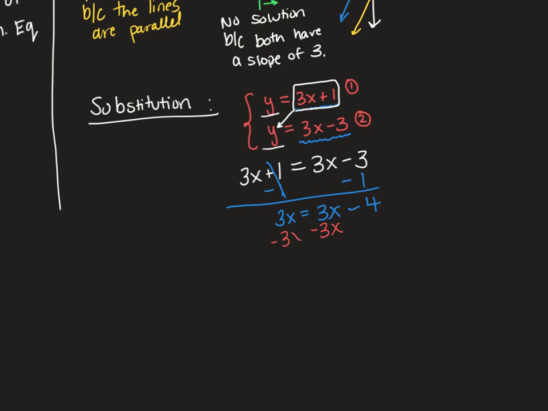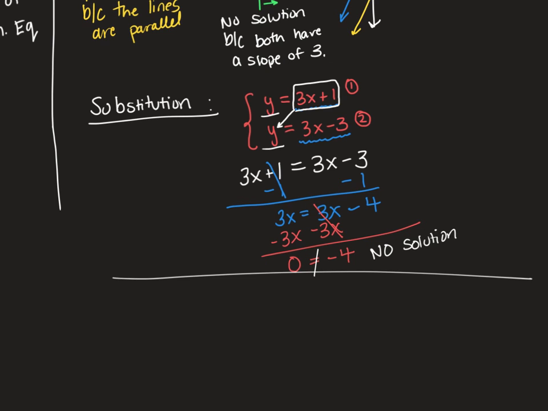When I move the 3x, it cancels on the right, and I'm left with negative 4. But on the left, 3x minus 3x is 0. Does 0 equal negative 4? Nope. So this means that it's no solution. And we proved it algebraically by using substitution.